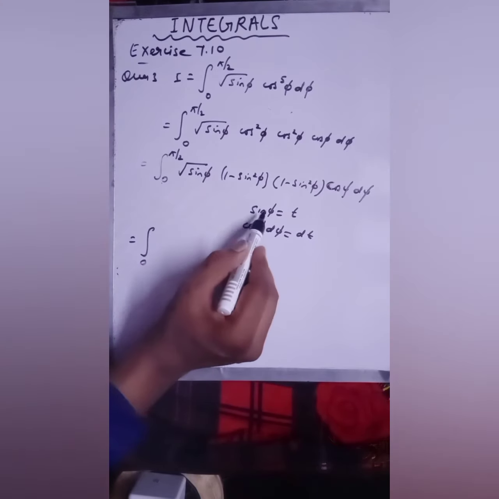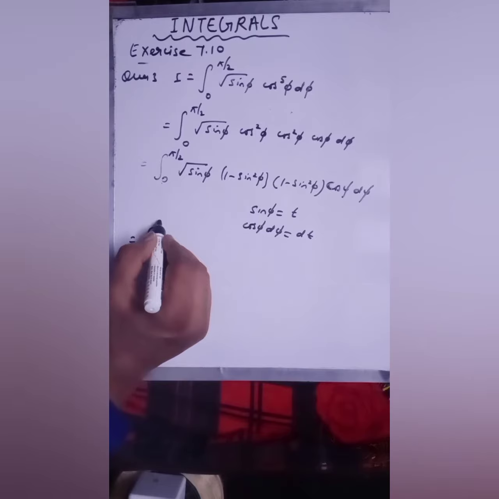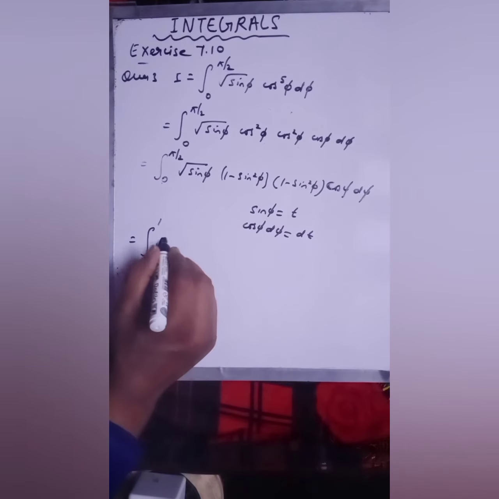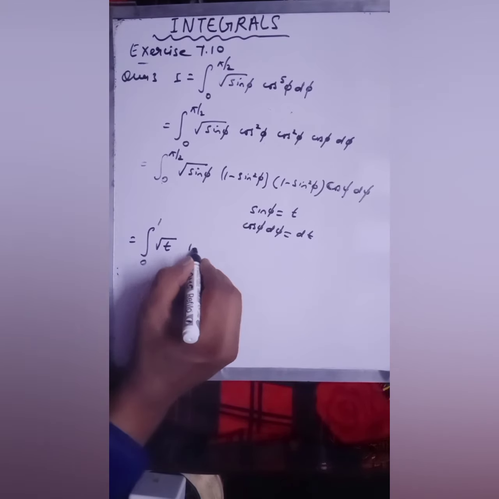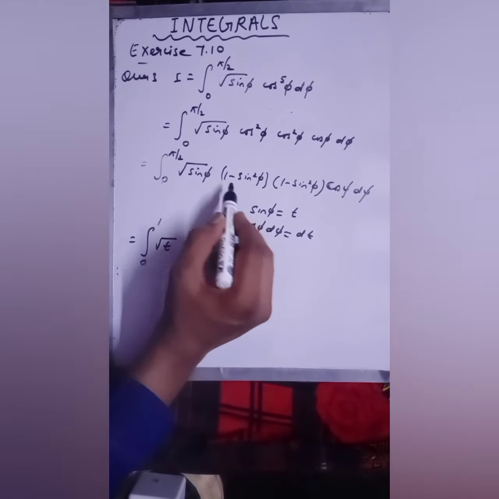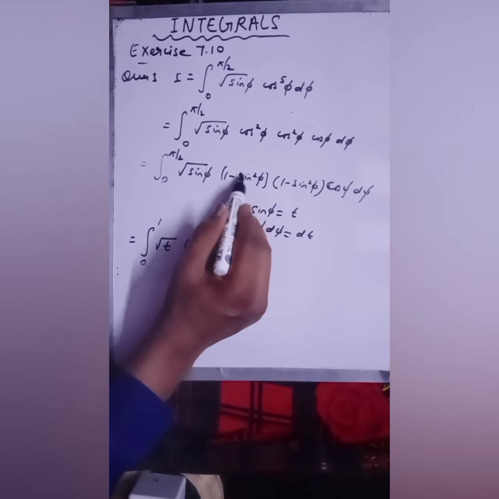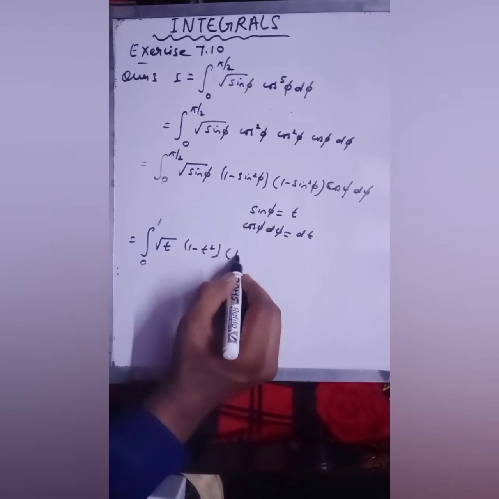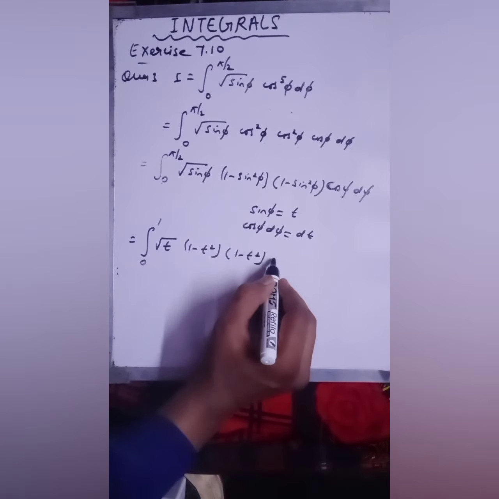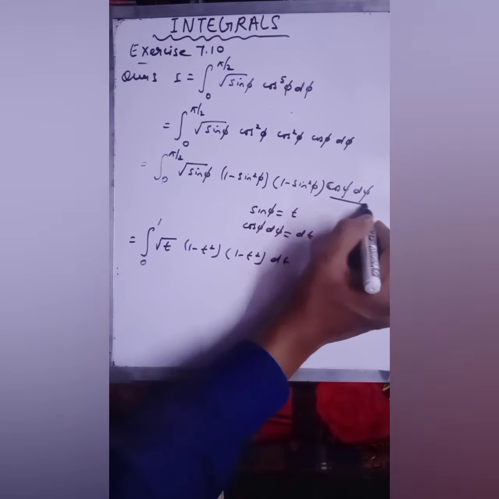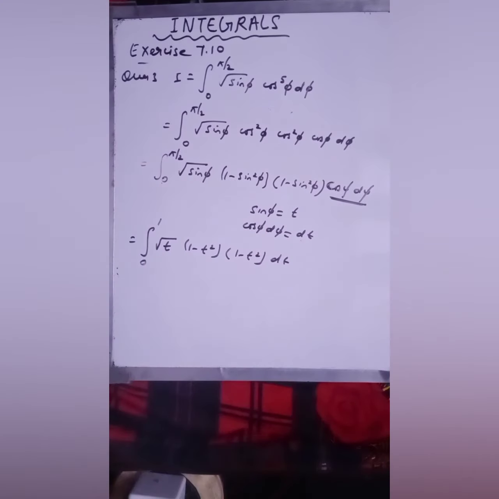When you put pi by 2 here, sine pi by 2 is 1. So 0 to 1, under root t, 1 minus t square, because 1 minus sine square phi, and sine phi is t. So you will get 1 minus t square, and this whole is your dt.